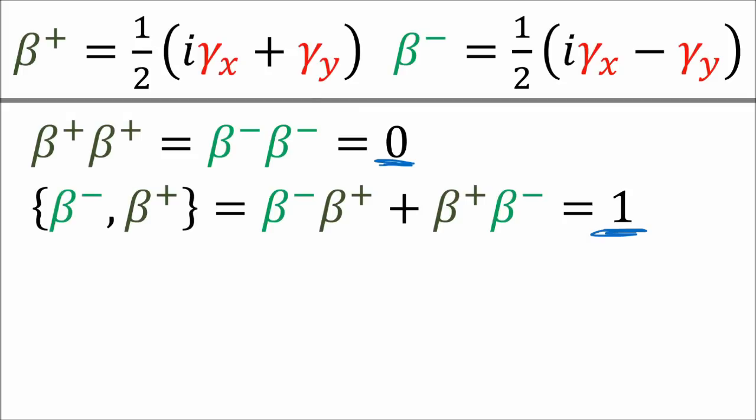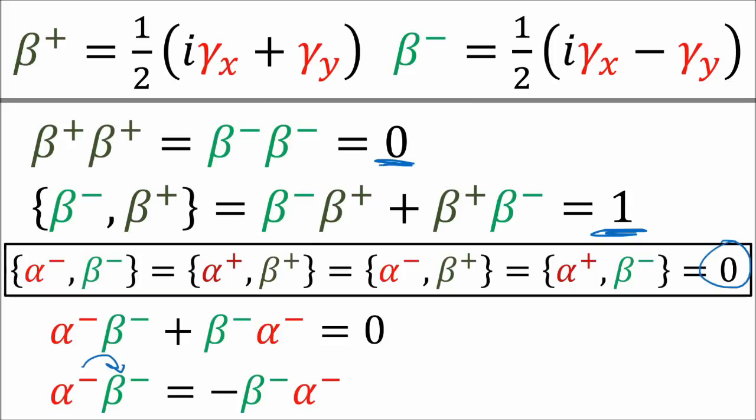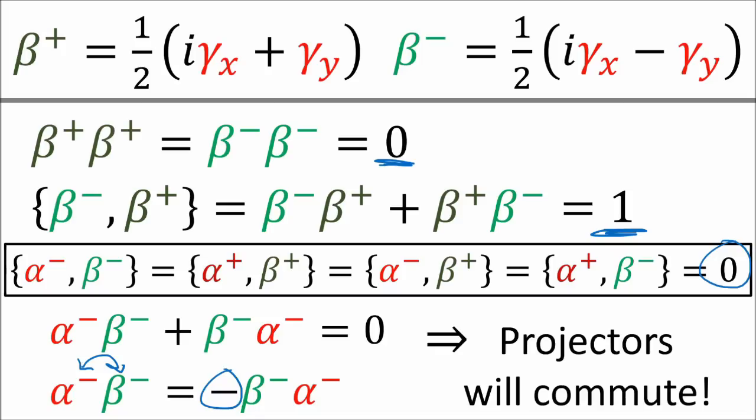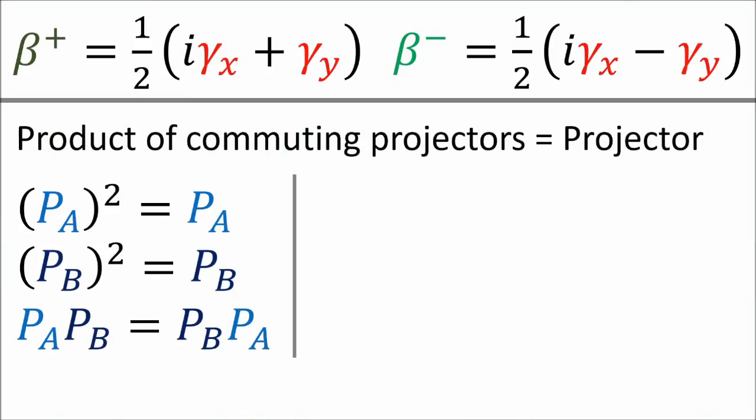Another important property is that the betas anti-commute with the alphas, so we can swap the order of an alpha and a beta in exchange for a negative sign. The reason this is important is because it means projectors built from alphas and projectors built from betas will commute with each other.